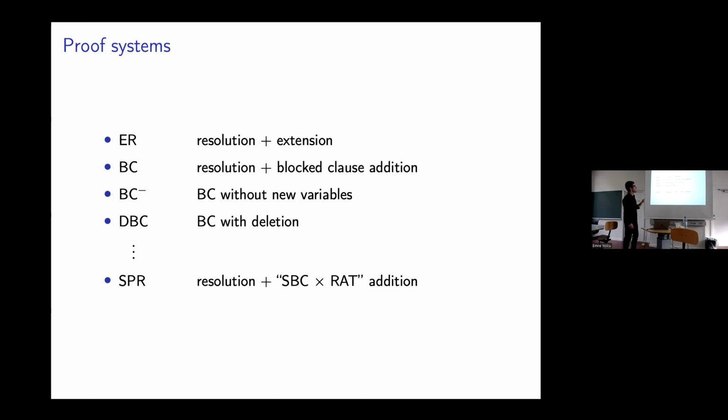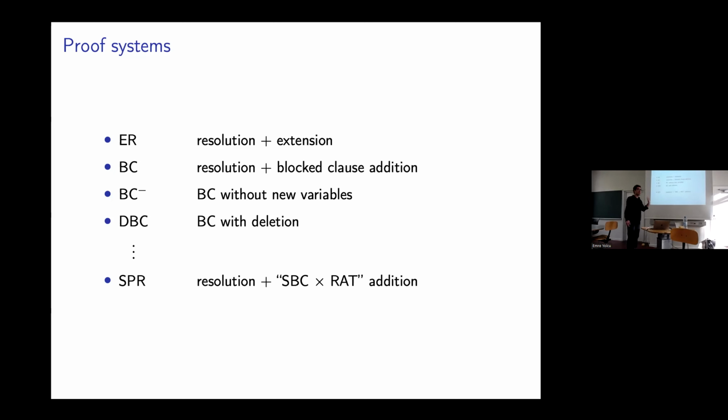And what I mean by this is, when telling you about the definition of a block clause, I didn't say anywhere that C had to contain variables that already occur in the formula. So for instance, you can see maybe easily that a clause that has a new variable is immediately blocked for that variable because the universally quantified condition is vacuously satisfied.